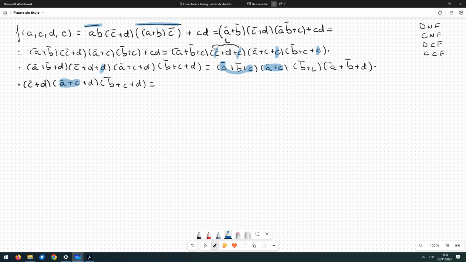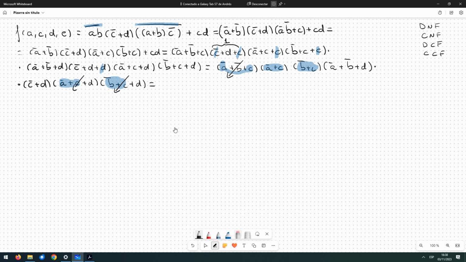For example, B negated plus C, we can find B negated plus C here. So we can absorb these larger sum terms. When I say that we absorb them, they are not going to be present in the expression anymore. They are going to be out. And I think that we cannot absorb any other term.